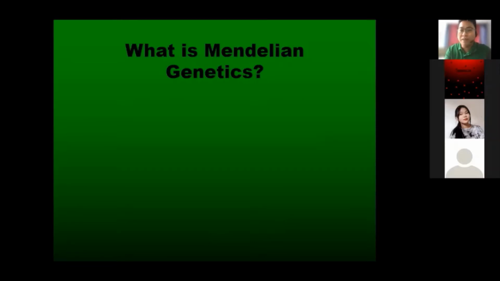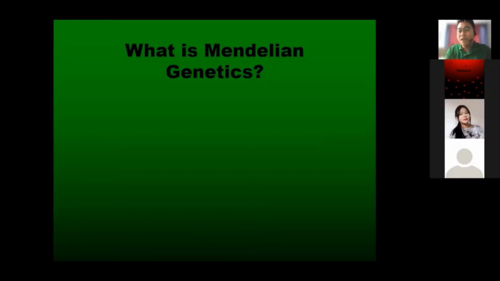So si Gregor Mendel, just a short story, is a priest or pastor. Hindi ko lang alam kung Catholic pa siya, pero I know he is Christian. So he was the one who was fascinated with how things work, especially when it comes to passing on the traits from parent to offspring.